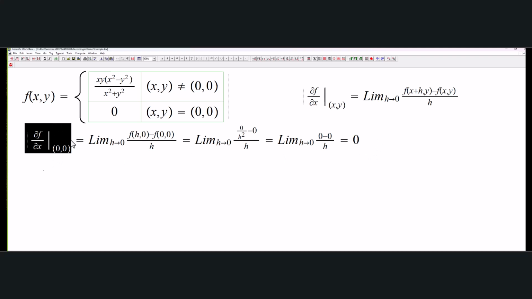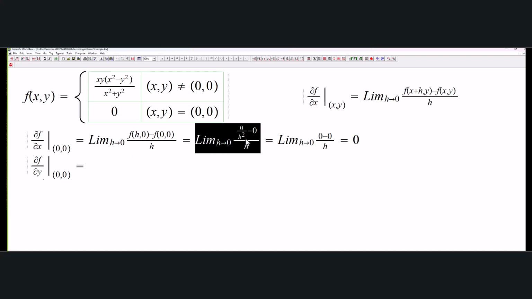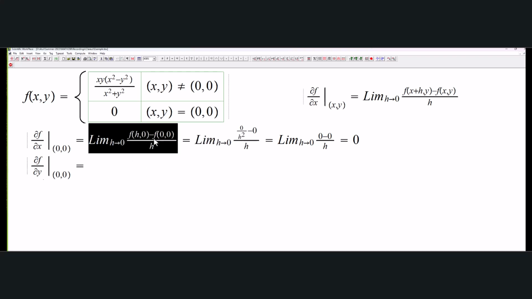And that is with respect to x, of course. This is not exactly symmetric in x and y, but even if you wrote the partial derivative with respect to y, let me just quickly do that for you.